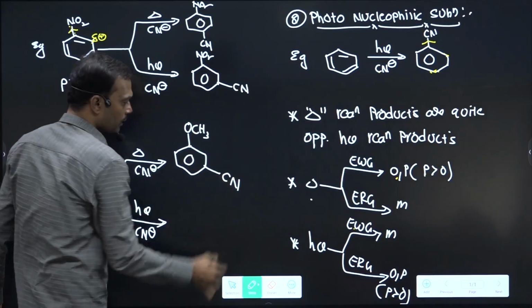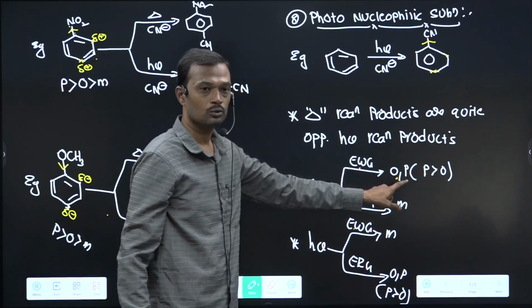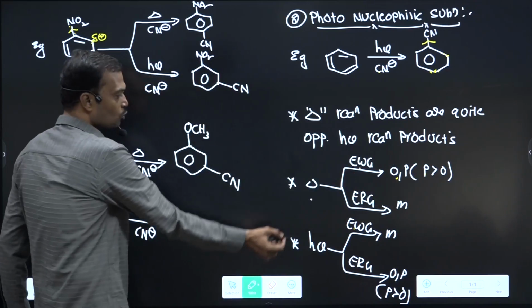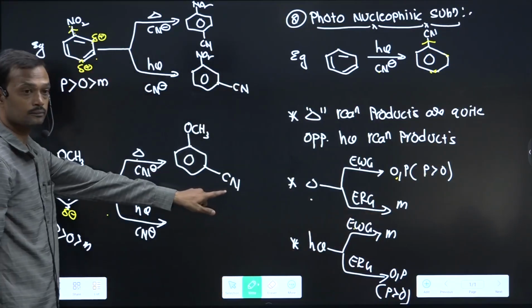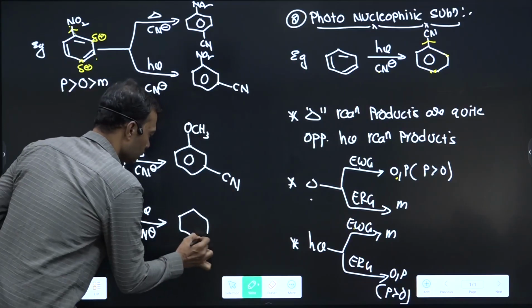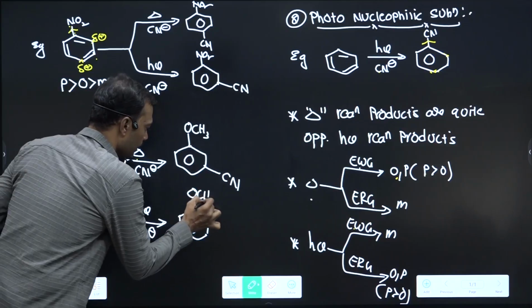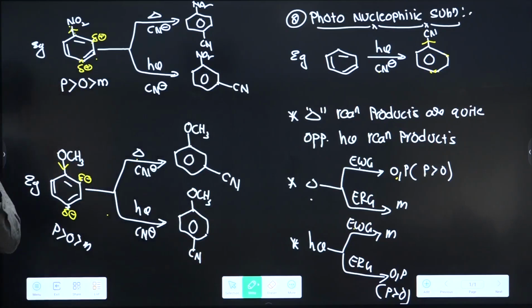Cyanide, meta. So thermally, with electron withdrawing groups, ortho, para. But when an electron releasing group is there, meta director. Thermally, meta director. But if you go through the photochemical one, it is quite opposite or not? So where will you add? You will add at the para position, quite opposite. Photochemical reactions are quite opposite to thermal.